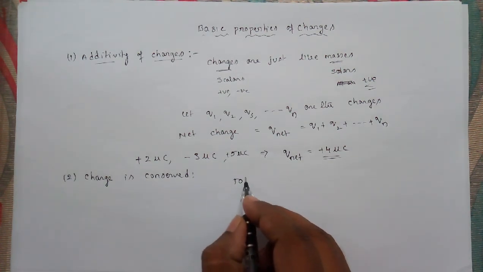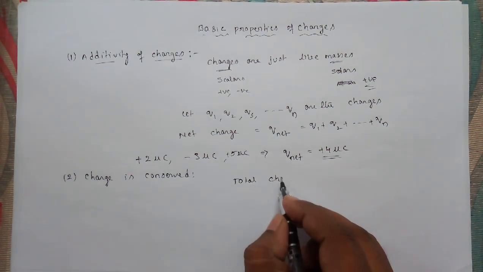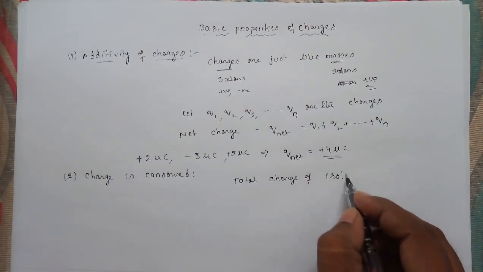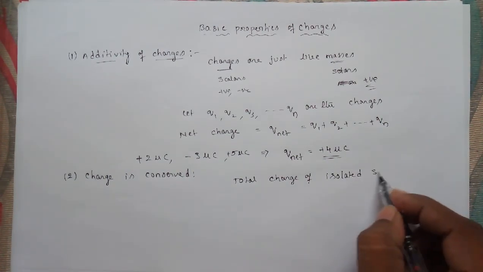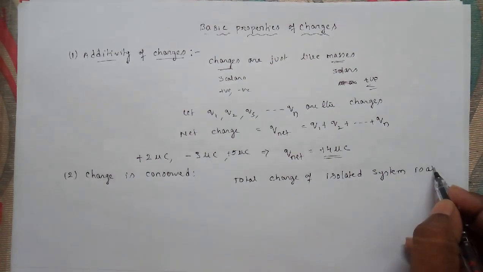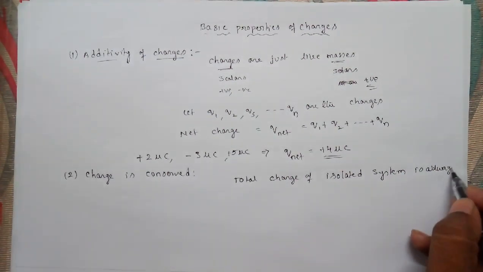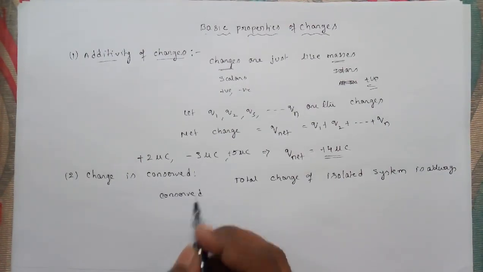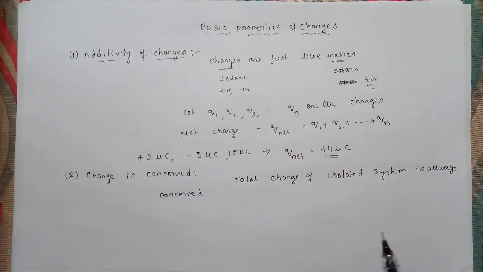The total charge of an isolated system is always conserved. Meaning the charge is neither created nor destroyed. It is not possible to create or destroy the net charge of an isolated system.